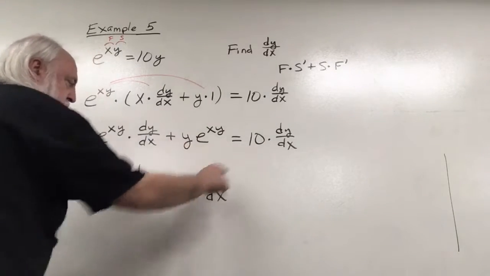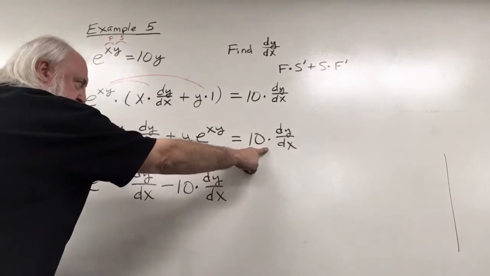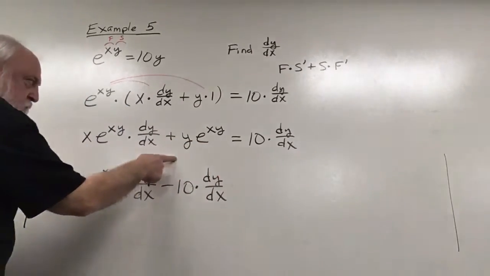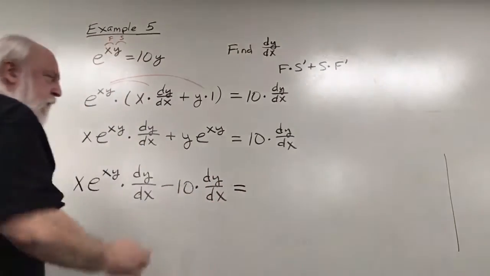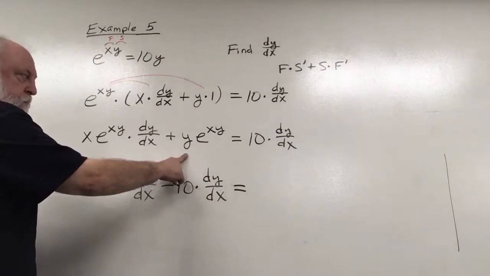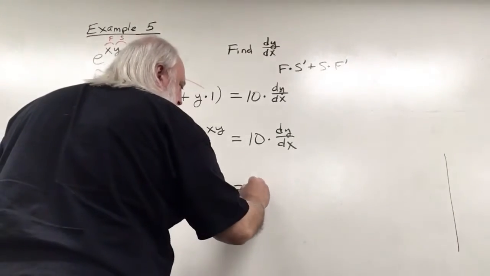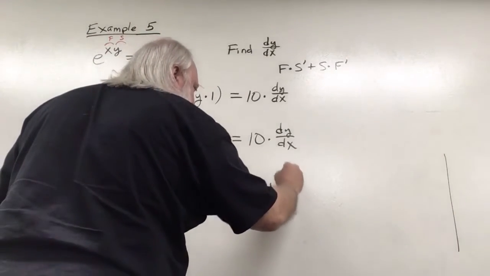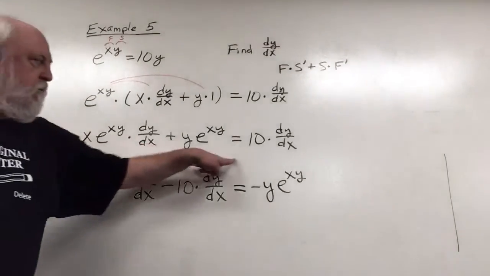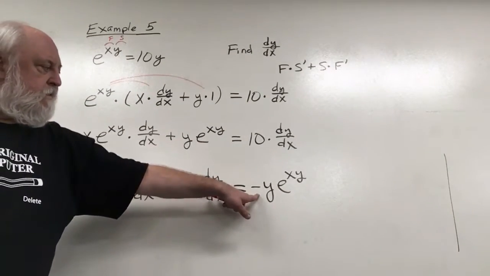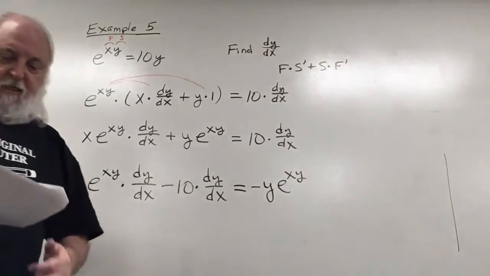Right? I got this by subtracting 10 times dy over dx from both sides, bringing it to the left-hand side. And now when I subtract y times e to the xy from both sides, I move this term to the right-hand side, and on the right-hand side I have minus y times e to the xy.